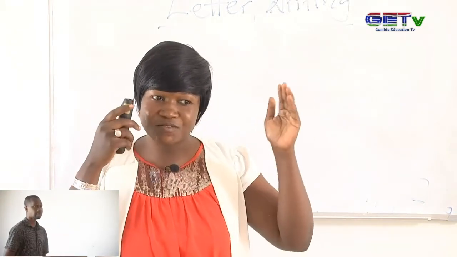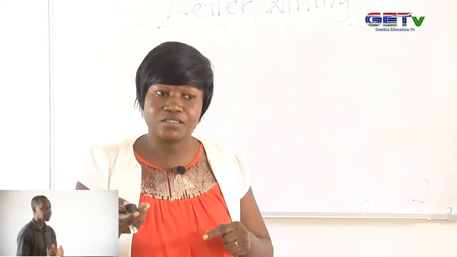So what makes formal letter different from informal letter is the recipient address at this point. From the salutation, we move to the body. From the body, we move to the complimentary closing or subscription. Subscription is otherwise called complimentary closing.